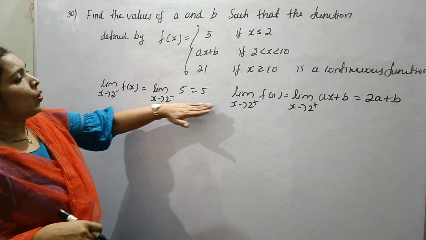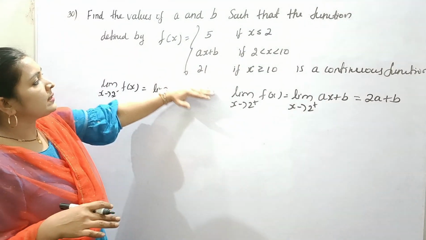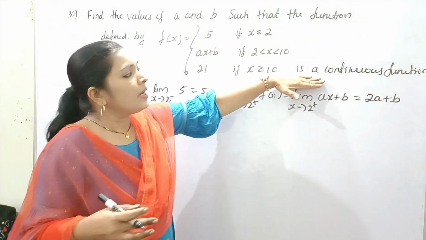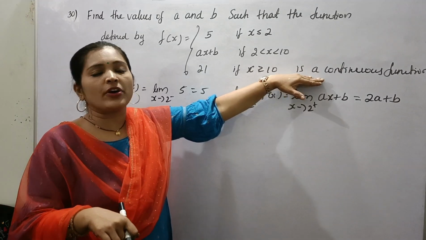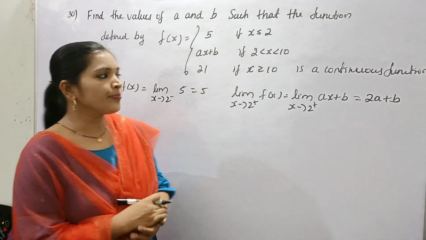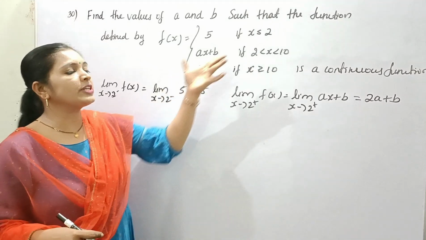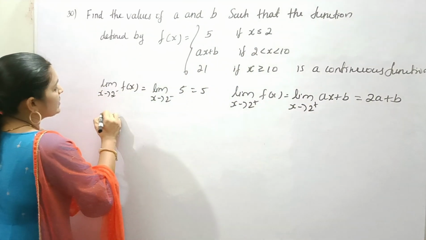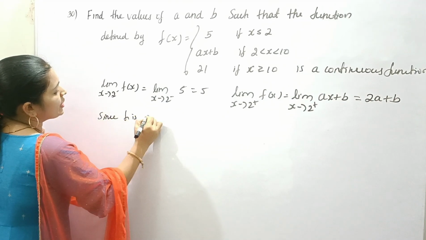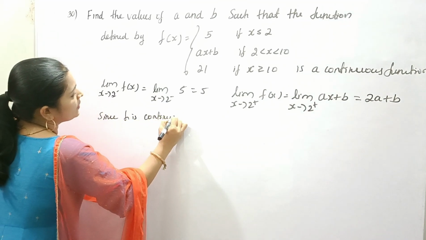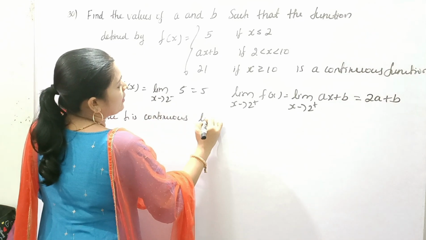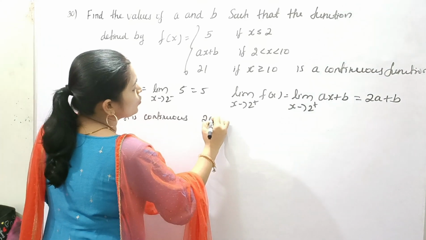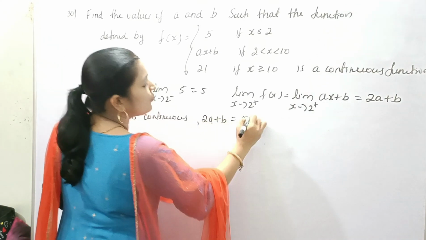Before that, see here it is given that if it is a continuous function, we have to find the value of a and b, right? If it is continuous, then the left hand limit and right hand limit should be equal. So here we can write, since f is continuous, the left hand limit and right hand limit are equal, that means 2a plus b is equal to 5.